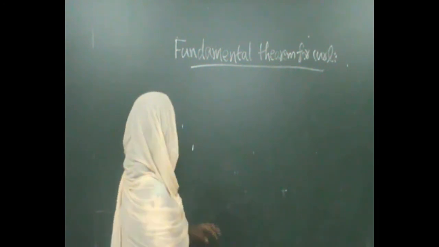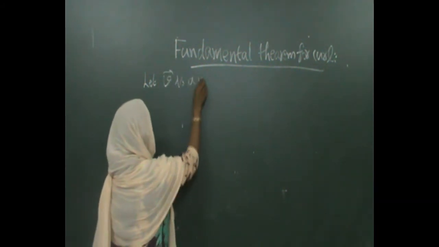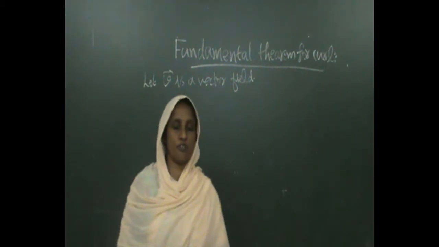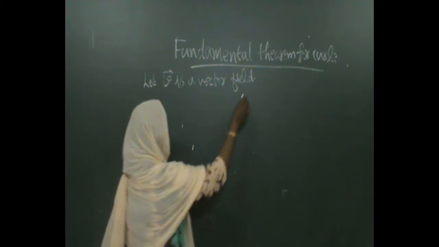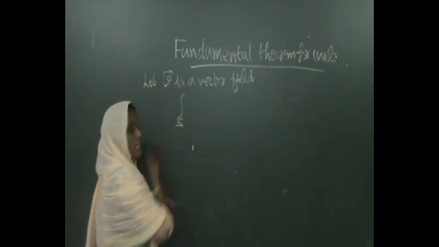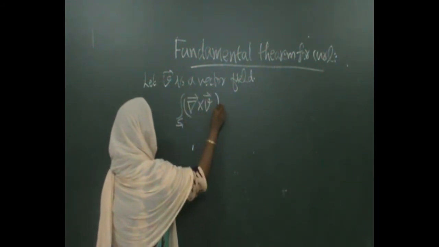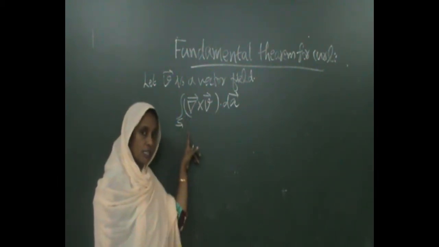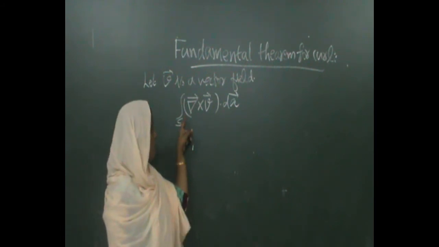Okay, so let V be a vector field. Then the fundamental theorem for curl states that the surface integral of the curl of the vector field V, where this integral is a surface integral over a patch of area, and inside it is the curl.